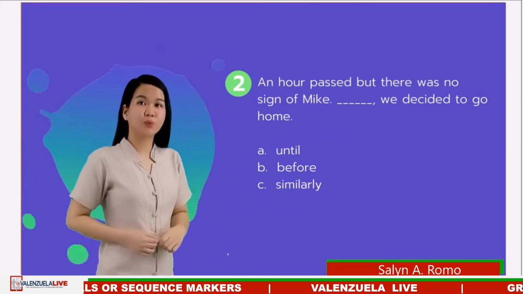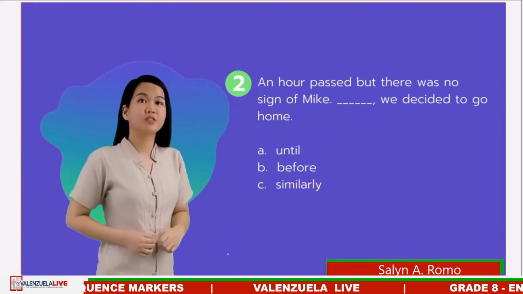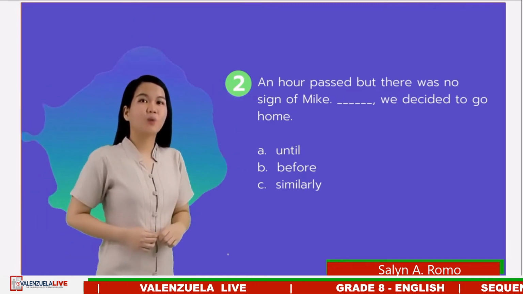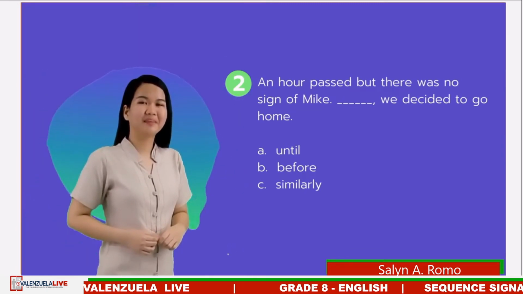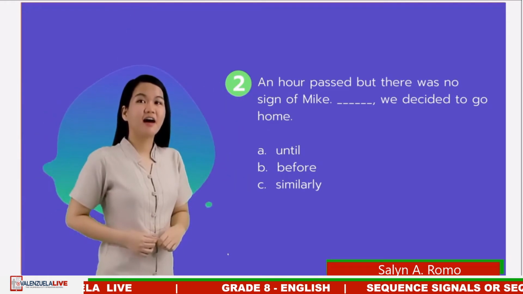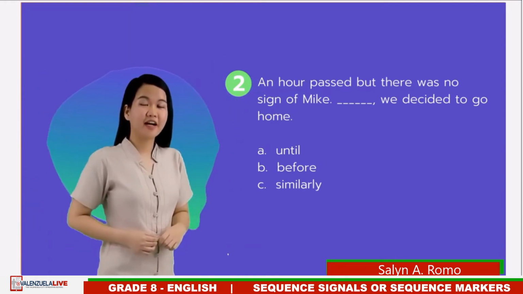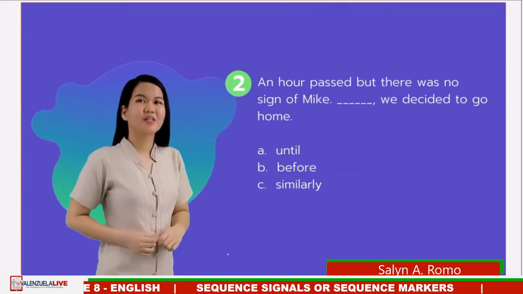For number 2, an hour passed but there was no sign of Mike. Blank, we decided to go home. Letter A, until, B, before, and C, similarly.